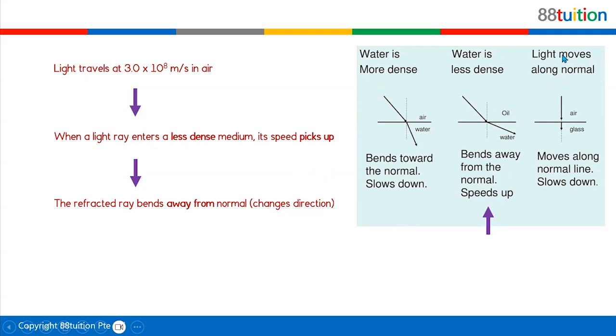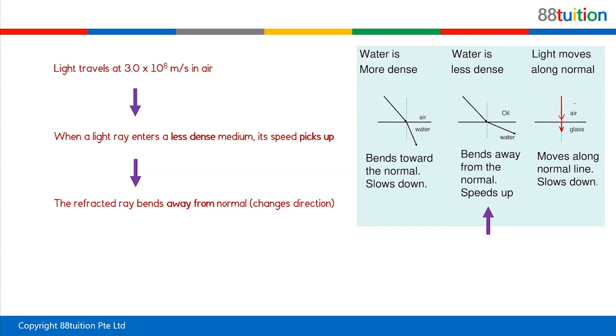If light travels along the normal, that means the light is entering perpendicular into another medium. Take note. Even though the speed actually slows down, you don't see the refraction. Can you see that the light ray is traveling straight down?